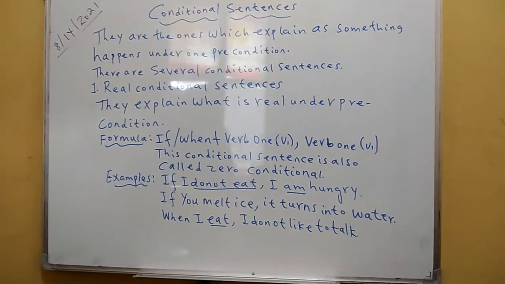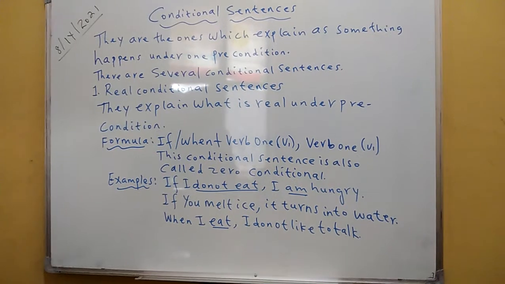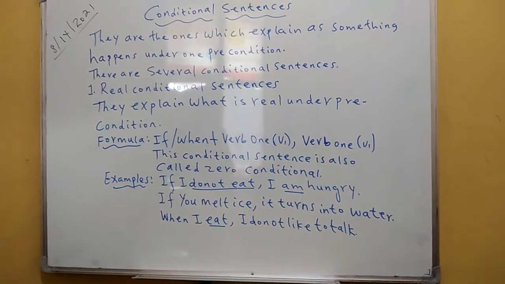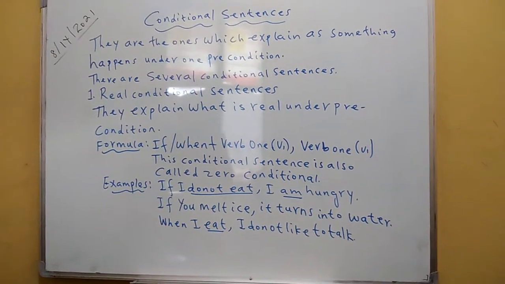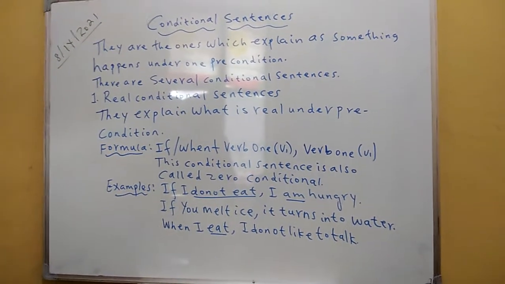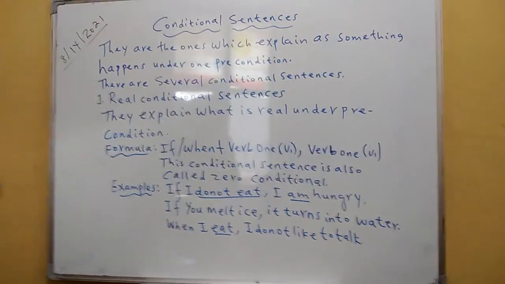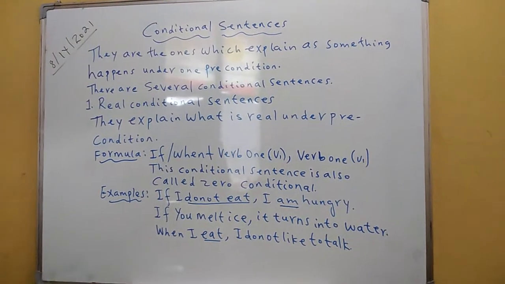Now let's take a look at the second sentence. That is, if you melt ice, it turns into water, right? So turning into water depends on melting, the first action, which is already explained in the dependent clause. If you melt ice, it turns into water.